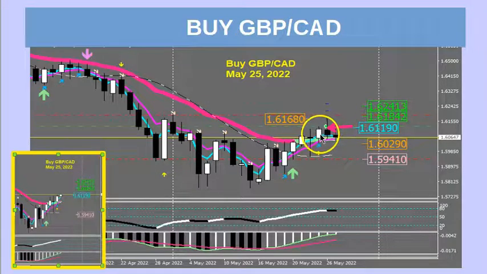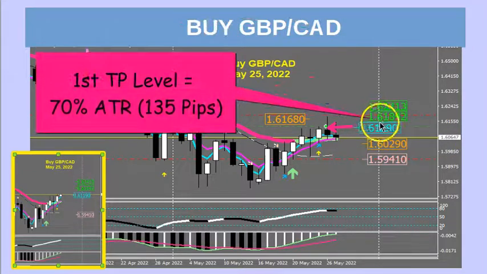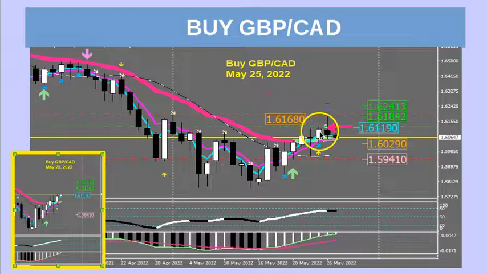Over the last 14 days, the ATR, the average daily range, was 135 pips. So I calculate my first take profit level here, 1.6184, at only 70%, and 70% was 94 pips from the close of this candle here. And it did go up, but it only went up, like I said, 61 pips. Didn't quite go high enough.